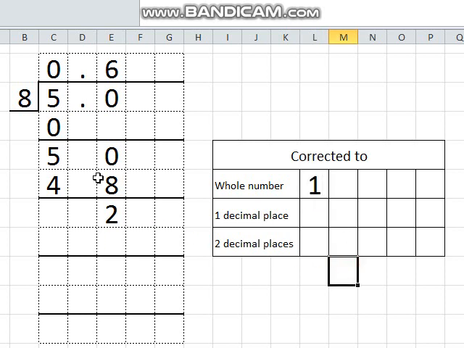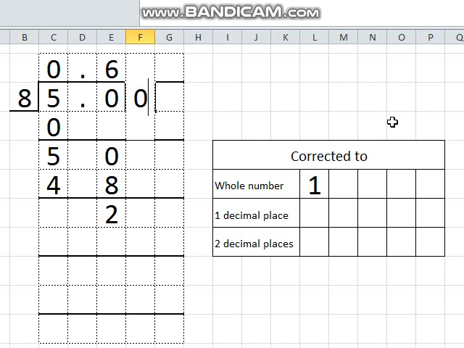Okay, now let's move forward again. If you want to continue to have the answer corrected to 1 decimal place, then the result at least has 2 decimal places. Okay, so there's nothing here. Again, same thing here.